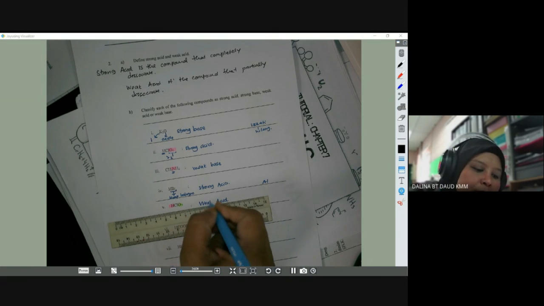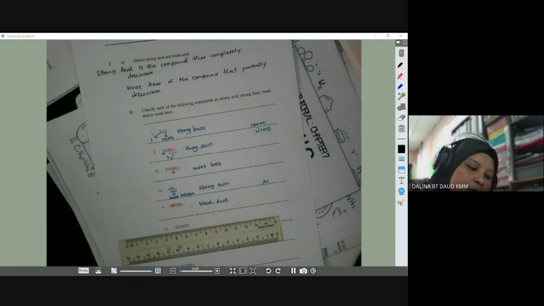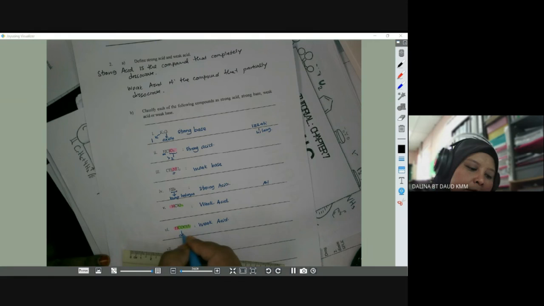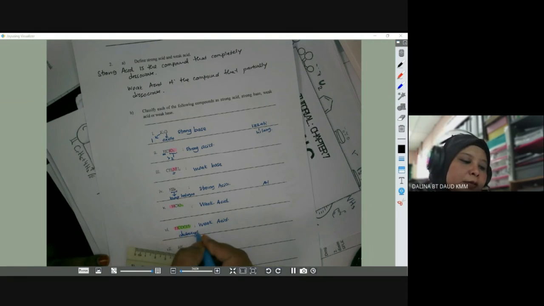Okay. So same goes to this one. This one, it has H. So H, we know this is acid. And it has COOH. So automatically this is carboxylic. So this is weak. Okay, next.